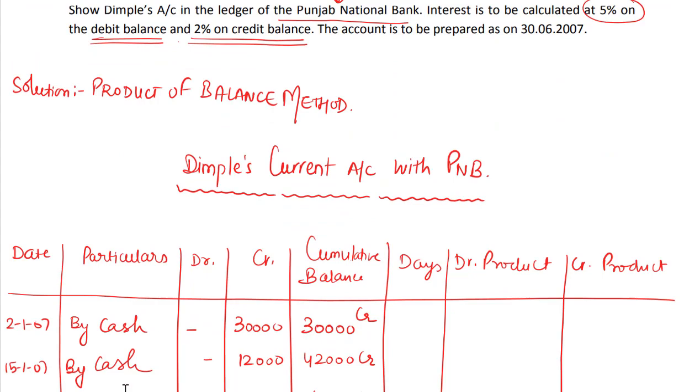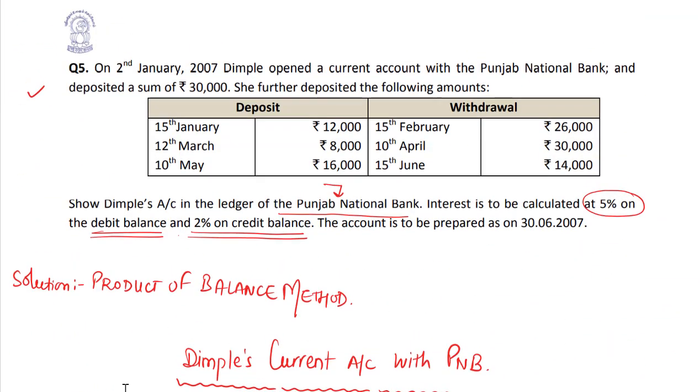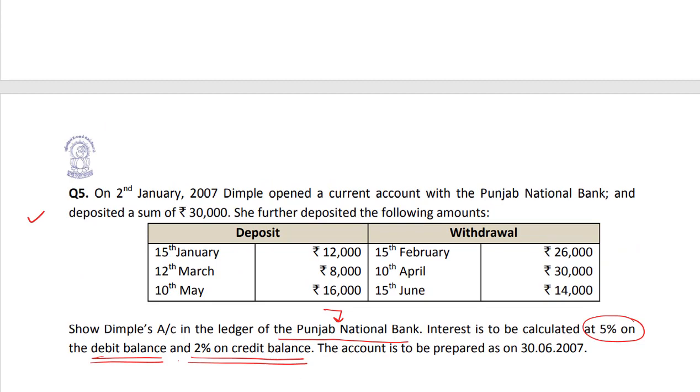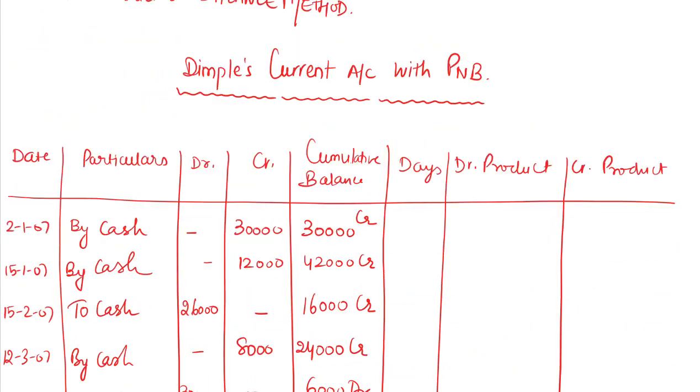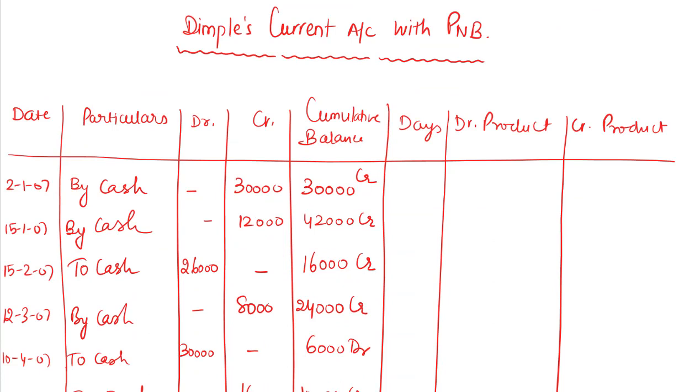Now we have to calculate the number of days. The 30,000 is there in the bank account for how many days? We deposited on 2nd January 2007 and the next transaction happened on 15th January. So from 3rd January to 15th January, that is 13 days.